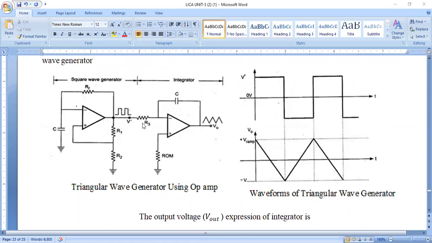Assume the output voltage of the square wave generator, V dash, is at positive saturation. This region is positive saturation, and this region is negative saturation. So if we assume the output voltage V dash is high, we have positive saturation here.